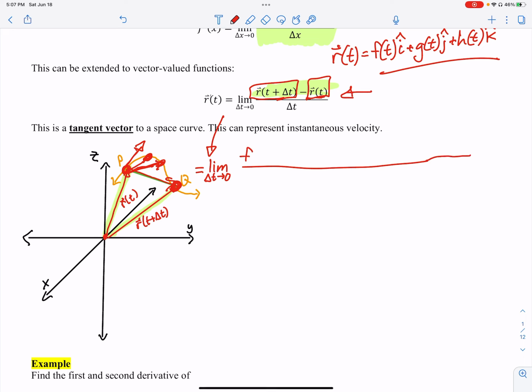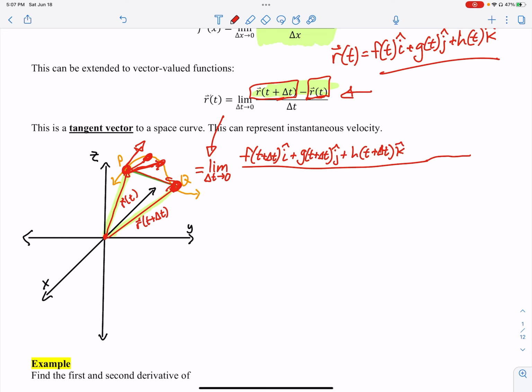And I have f of t plus delta t i plus g of t plus delta t j plus h of t plus delta t k.